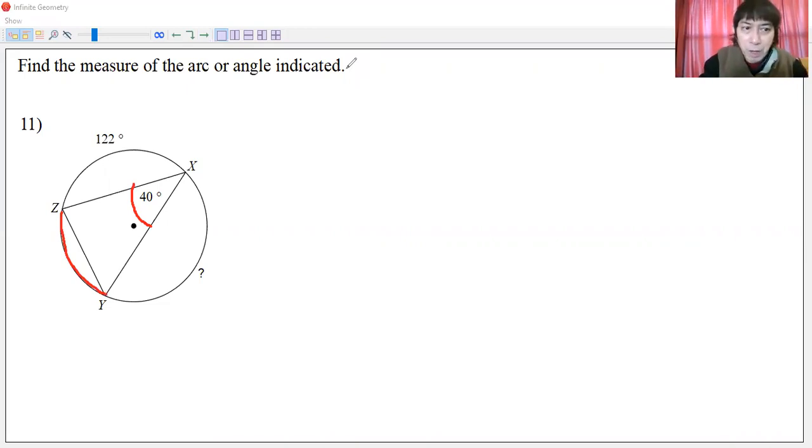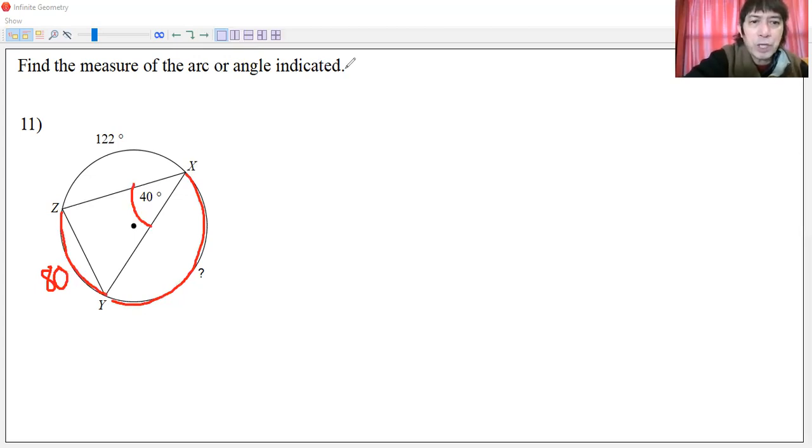That means arc ZY is 80, there. And so 80 plus 122 plus the unknown is 360.